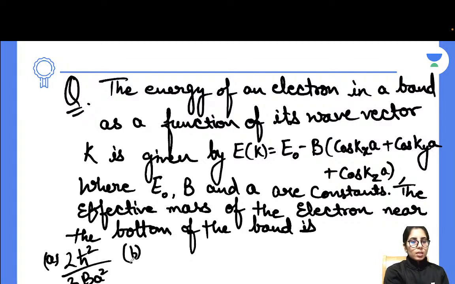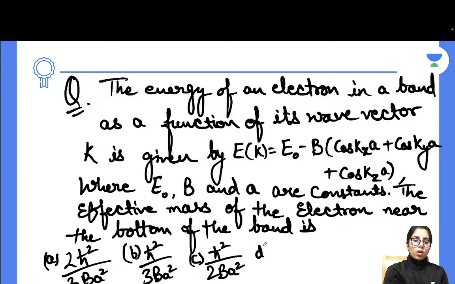Option B is h squared upon 3 B A square. Option C is h squared upon 2 B A square. Option D is h squared upon B A square. That's what you are going to have. Try it now and let me know as you get it done.